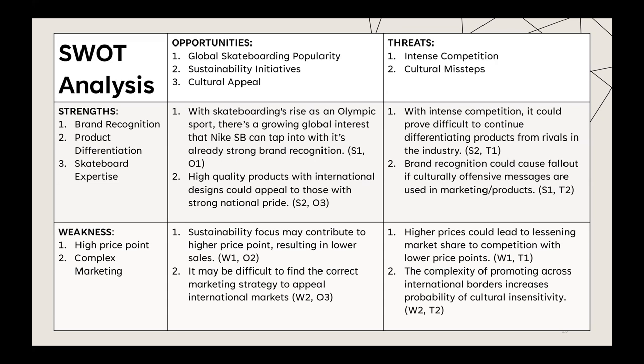However, some threats and weaknesses could be the intense competition, the complex marketing, and just to go with that, the complexity of promoting across international borders could definitely increase the probability of cultural insensitivities.